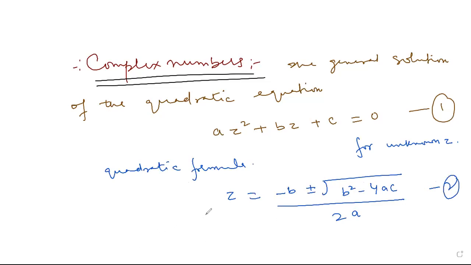I name it second. And the thing in the square root, b square minus 4ac, is called the discriminant, denoted by d.